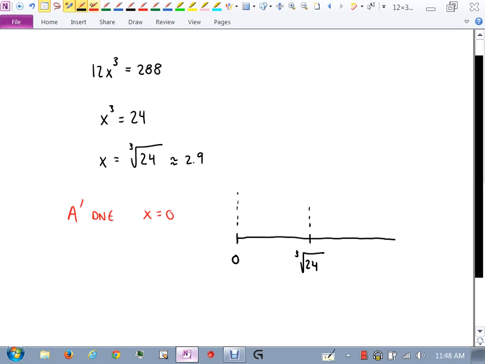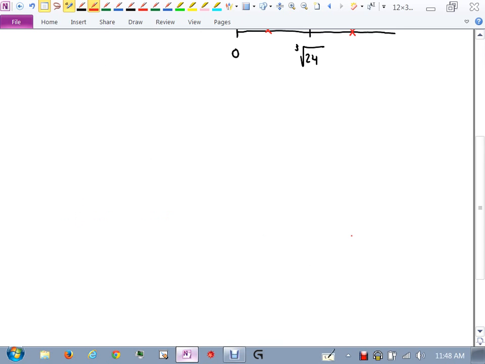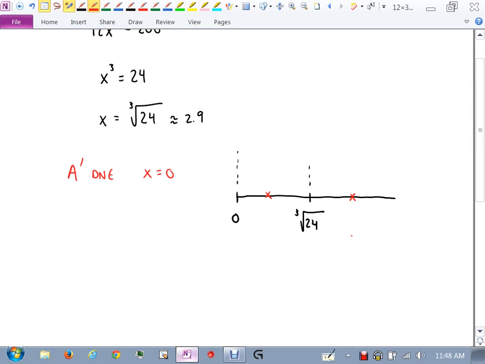So I only need to pick 2 test points, one here and one here. And what I'm hoping for is when I plug those test points into the derivative, that I get a negative followed by a positive, because that would show down then up and prove to me that that's a minimum. So my test points, this is where getting the calculator answer is good, because 2.9 tells you something to the left of that, like 1.